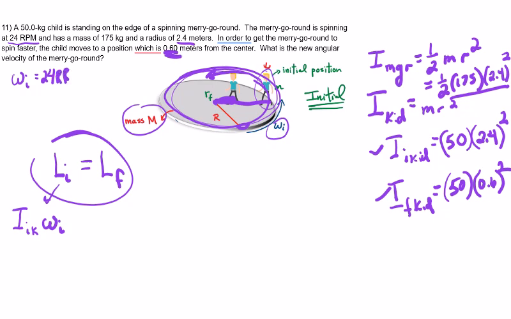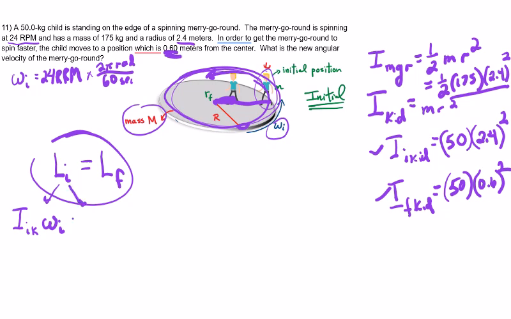You can leave it as RPMs if you want to, or we can change it. So if I was going to change RPMs into radians per second, we would multiply it by 2 pi, because that'll change it to radians, and we would divide by 60, because that'll change it from minutes to seconds. So we can do that if we want to, or we can leave it as RPMs. I don't really care which one.